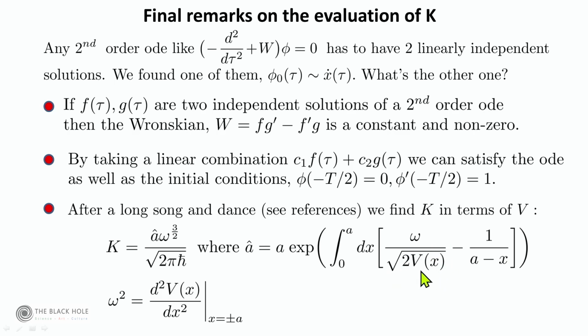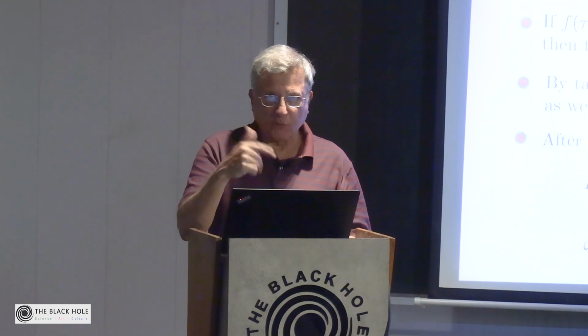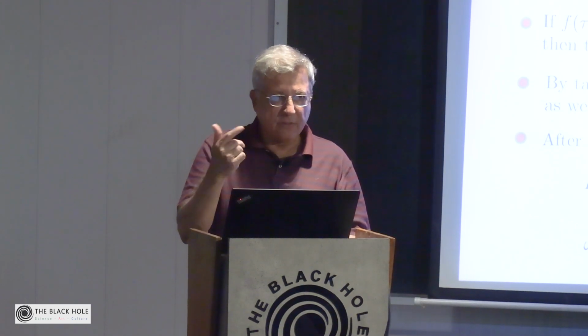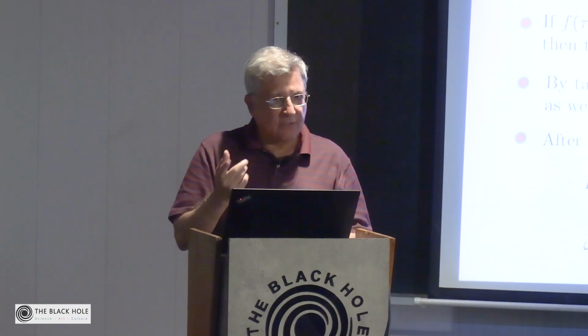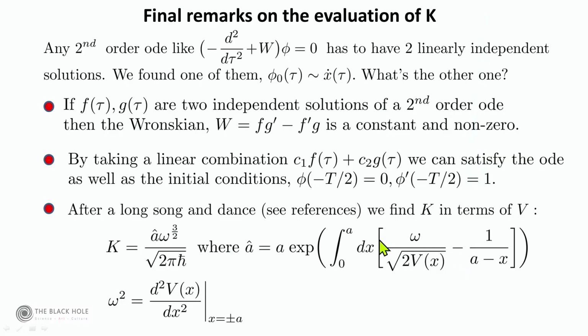What about over here? V of x, let's say you take the potential x squared minus a squared, squared. When you take the square root of that, you get x squared minus a squared. Then you integrate that. Well, there's a logarithmic singularity there. So that logarithm and that singularity from here and the singularity from here will cancel each other, and you'll get a finite result.